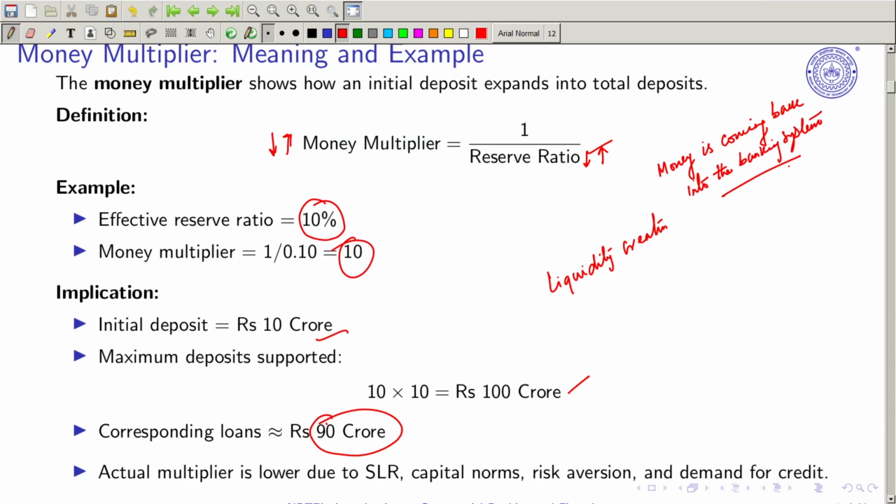Money is coming back into the banking system in the sense that if we are keeping the money in the banking system, I took the loan and I saved that in the bank account, so a savings account I used, right. So money is within the system, so it will have the multiplier effect.